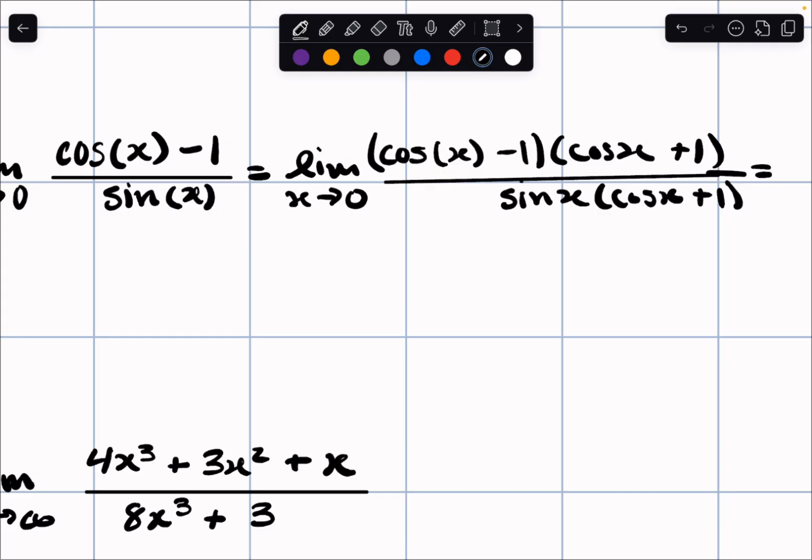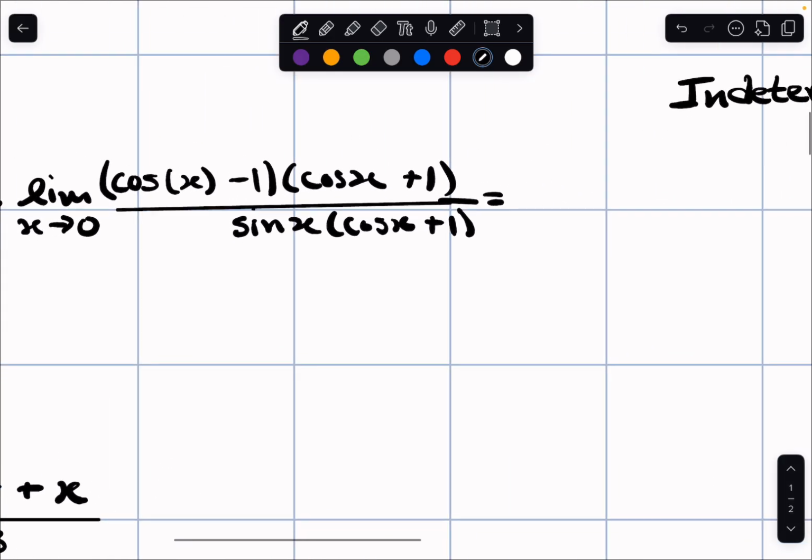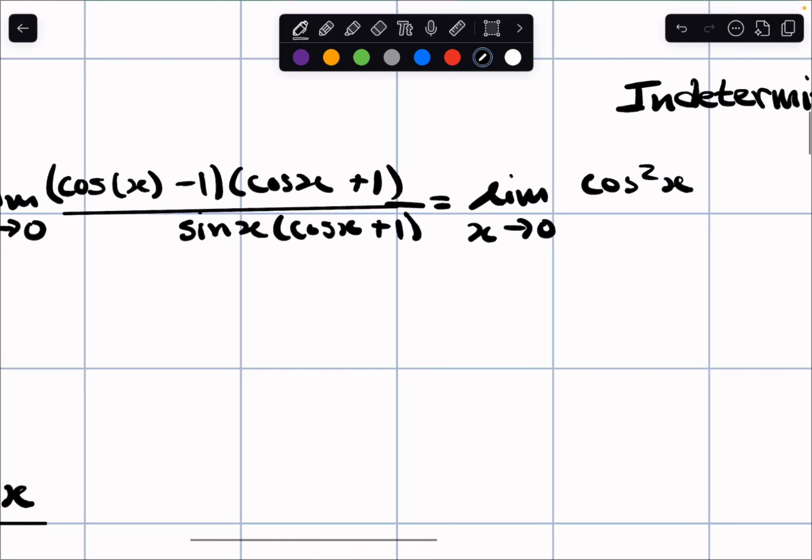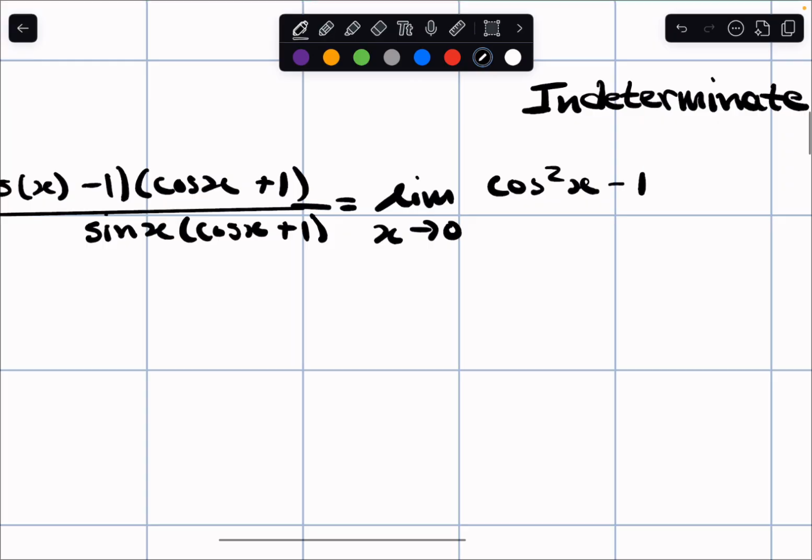Okay, so this will give us, right, cosine times cosine is cosine squared. So actually, let's rewrite the limit first. So you get cosine squared, and we know that it's going to be minus cosine of x, then plus cosine of x, which just cancels out because a minus and a plus with the same expression will cancel out, then minus 1. And I don't want to do anything to the bottom.